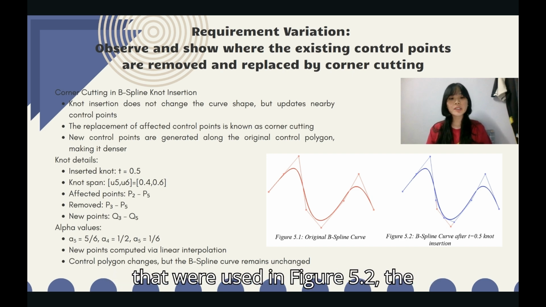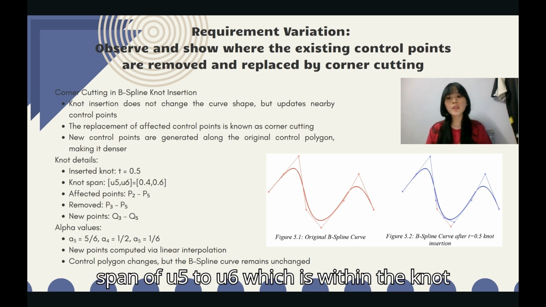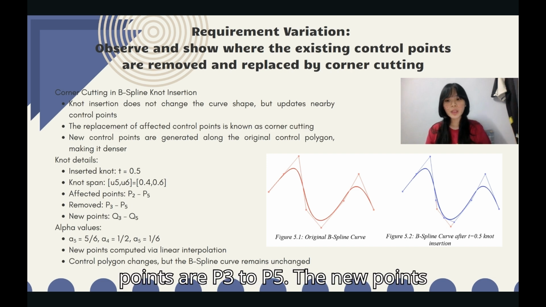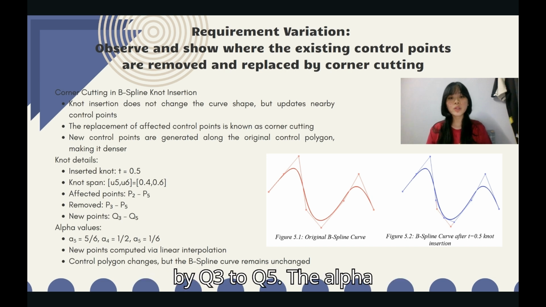So for the knot details that were used in figure 5.2, the inserted knot has the value of t equals 0.5, and it lies within the knot span of u5 to u6, which is within the knot vector of 0.4 to 0.6. The affected points are P2 to P5, and the removed points are P3 to P5. The new points will be calculated and replaced by Q3 to Q5.